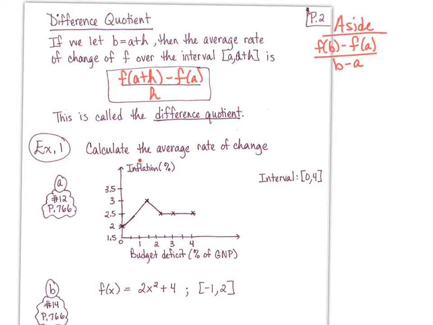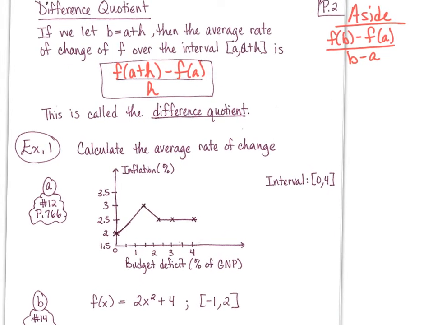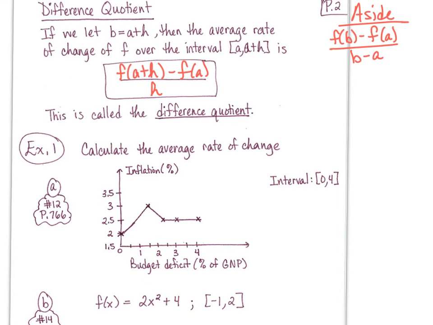Example 1. We're going to calculate the average rate of change of this given function over the closed interval 0, 4. Suppose we call the function in this example I, mainly because we're talking about inflation and budget deficit, which is the percentage of GNP.